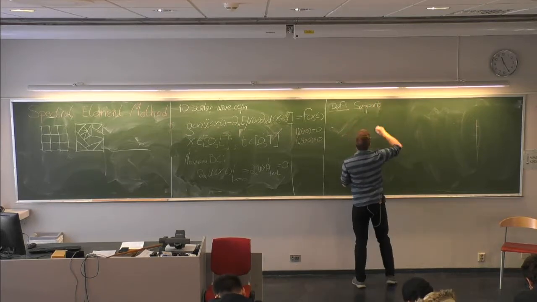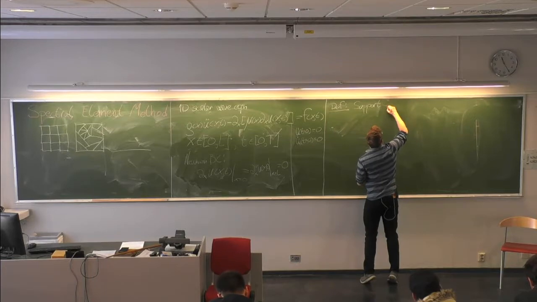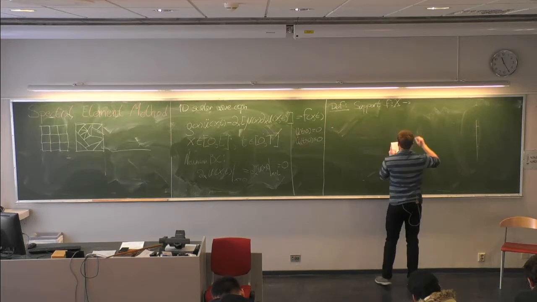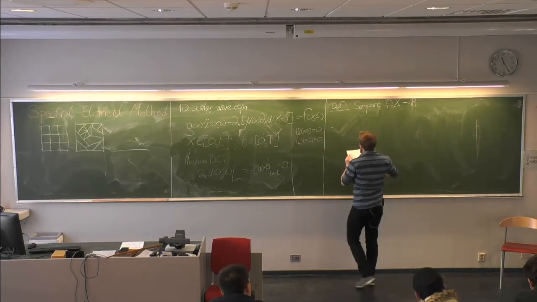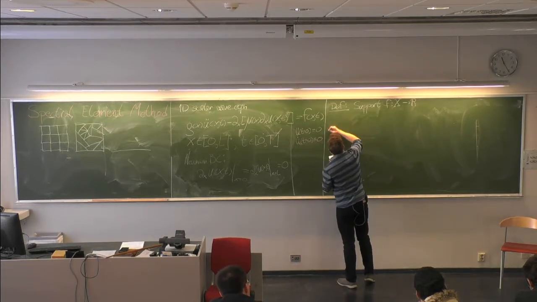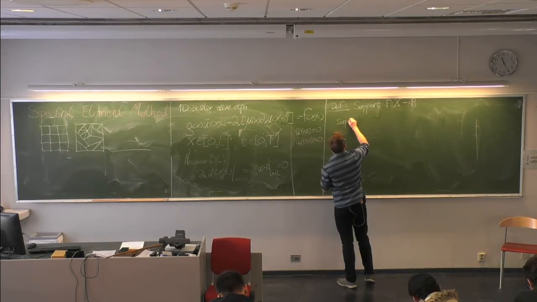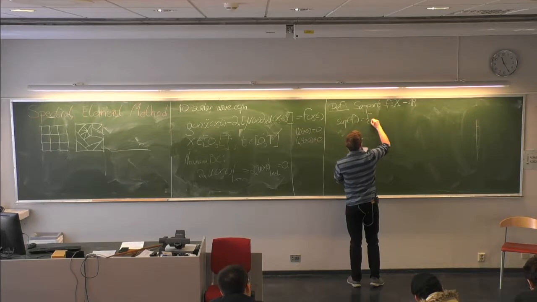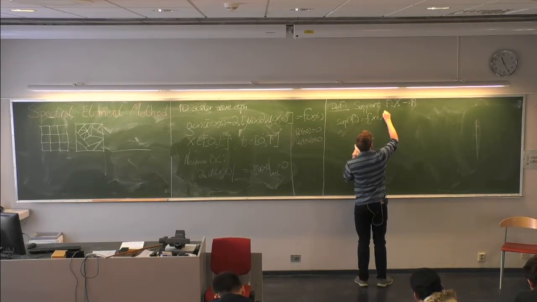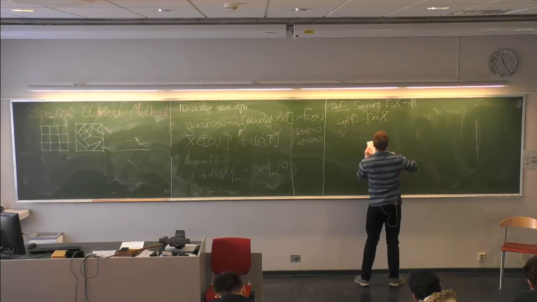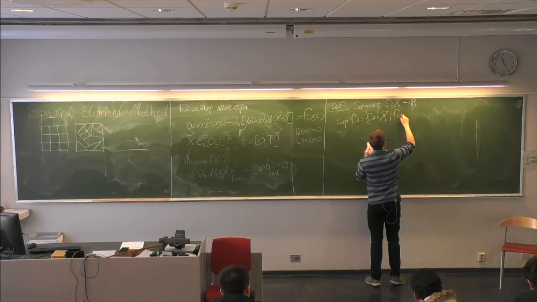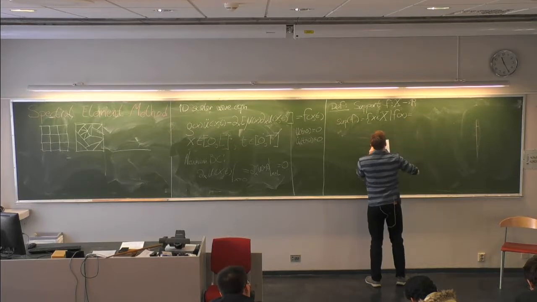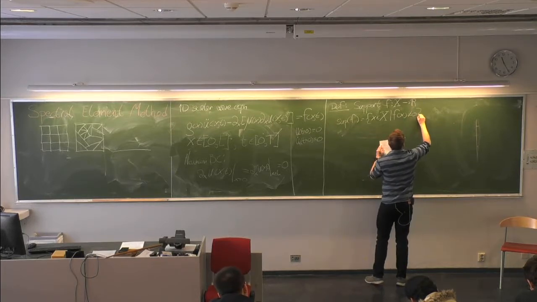So the support of a function f, from some region X to R, is the set of all elements x in capital X such that f of x is not 0.